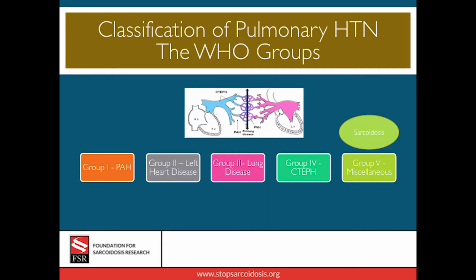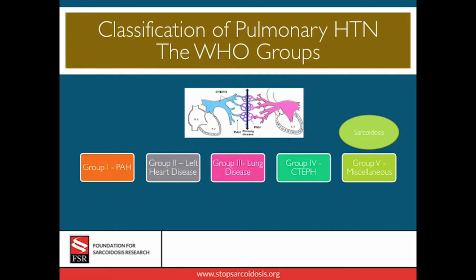Now, on the same token, if one was to cut the heart and lay it on the table, you'd see the right side of the heart, the big blood vessels that take blood to the lung circulation, the blood circulation going back into the heart, and the left heart.